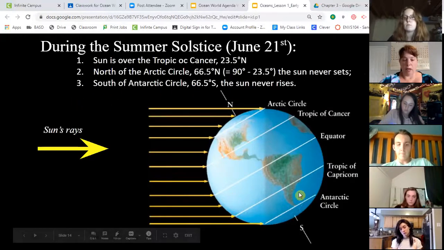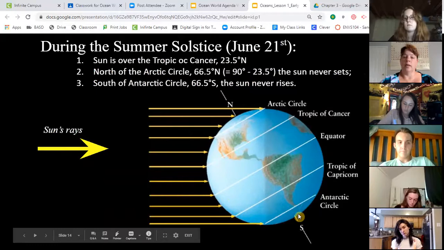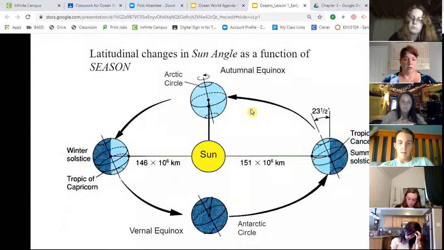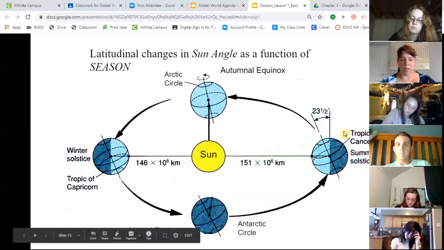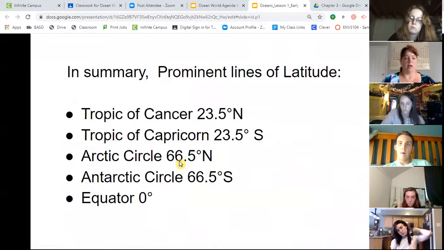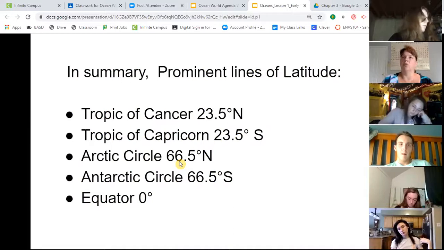And then, of course, south of the Antarctic Circle, the sun would never rise, and north of the Arctic Circle, it would be 24 hours of daylight. This is just a general summary showing the way the Earth would look as it orbits around the sun. And then here's a list of those lines, just in case you didn't get those written. So you are responsible for knowing these 5 latitude lines by name.